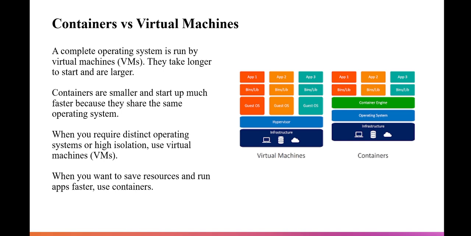Here are a few more differences between containers and virtual machines. Virtual machines are heavyweight, and when compared to virtual machines, containers are lightweight. Virtual machines run on their own OS, but containers share the host operating system. Virtual machines are slow to boot, taking minutes.